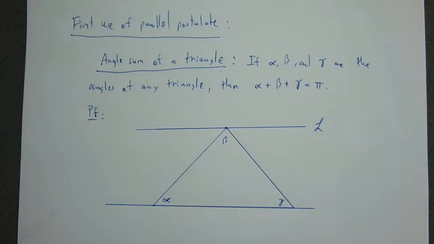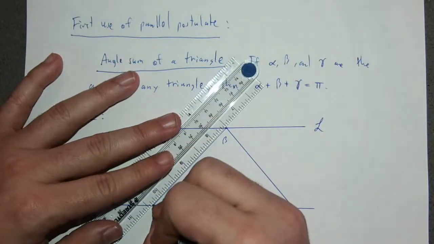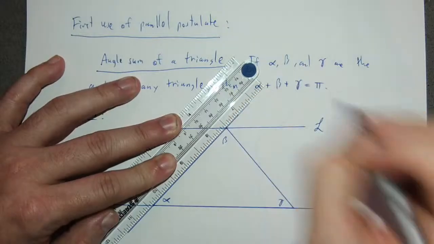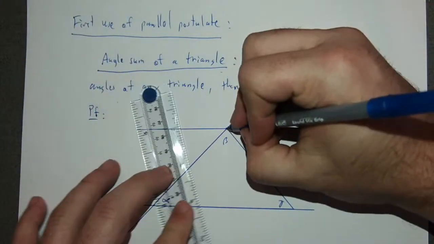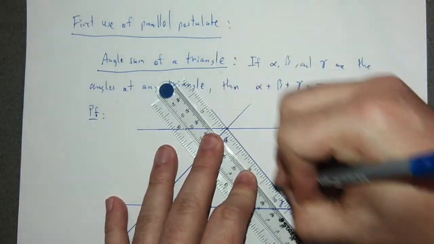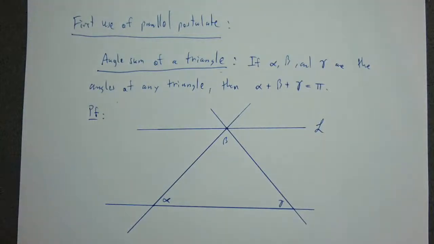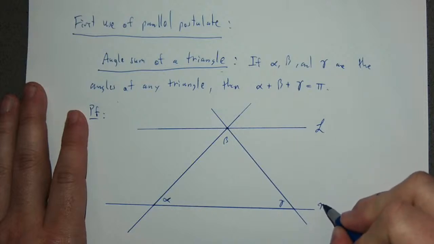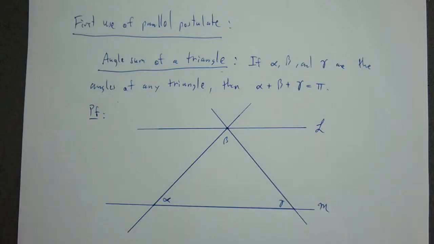Now, to aid in my visualization, I can extend the other sides of this triangle. So I have a line L, and we can call the line corresponding to the opposite side of the triangle M, and they are parallel.